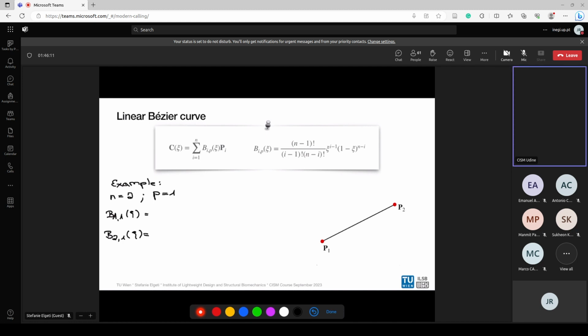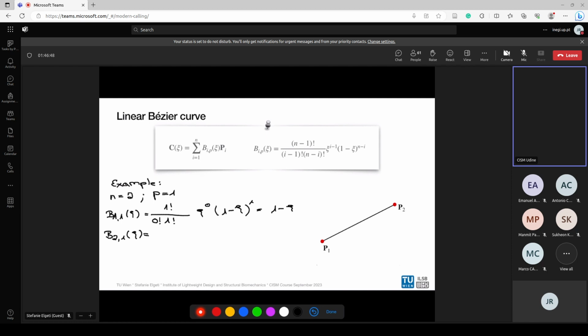So this leads us to 1 factorial divided by 0 factorial times 1 factorial times psi to the power of, so now we have to insert I minus 1. I is equal to 1. So psi to the power 0 times 1 minus psi to the power of n minus I, which is then 1. So we end up with 1 minus psi for the first basis function.